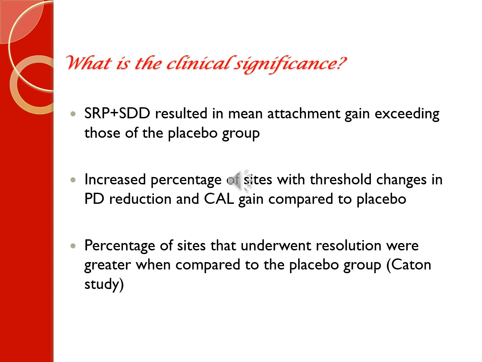I hope you do know what a placebo is. There was an increased percentage of sites with threshold changes in probing depth reduction and clinical attachment level gain compared to placebo. The percentage of sites that underwent resolution was greater compared to the placebo group. So it achieves much better healing compared to SRP alone or to a placebo agent.